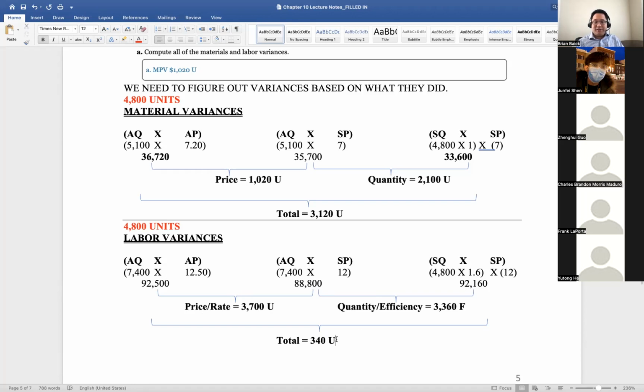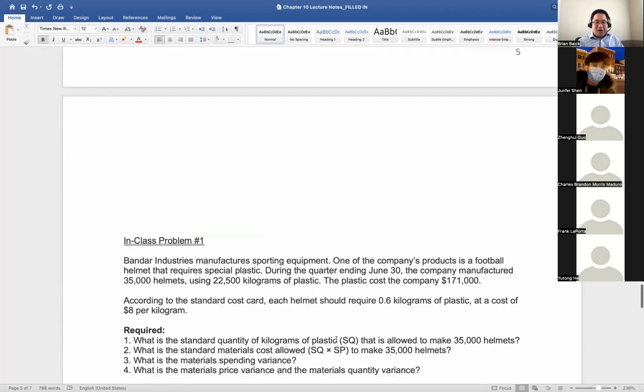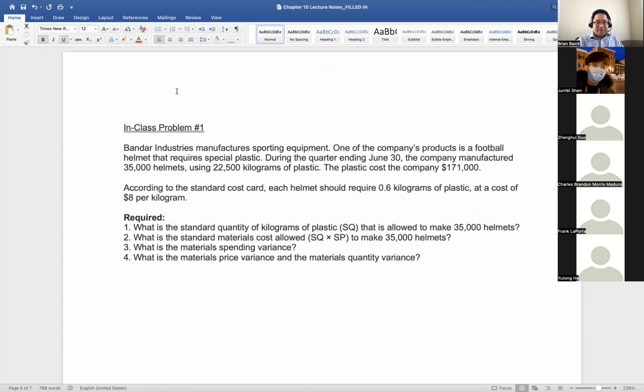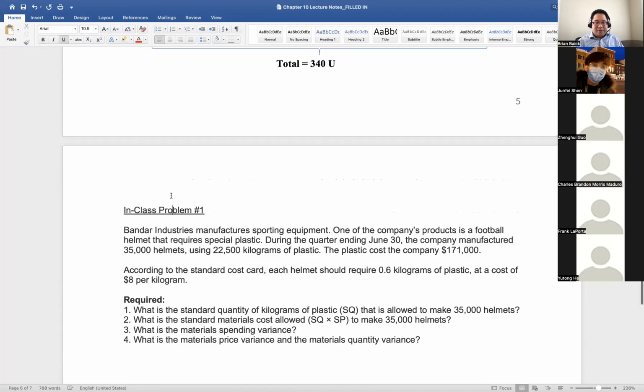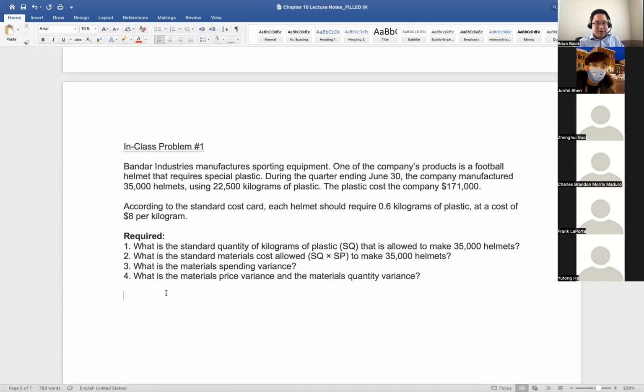Other questions? Okay, let's take a look at the homework questions. Now that we have everything that we need to know, let's look at the problems here. Here it says, what is the standard quantity of kilograms of plastic, SQ, that is allowed to make 35,000 helmets?